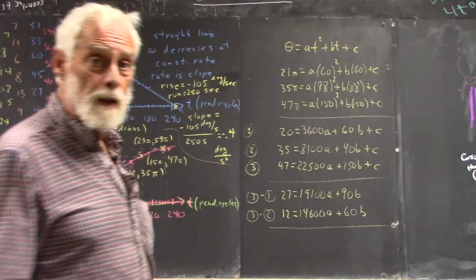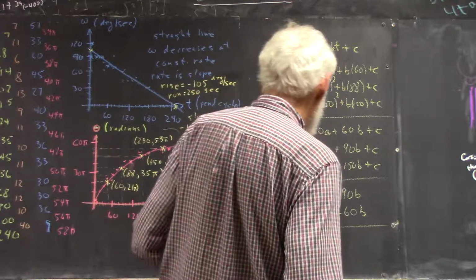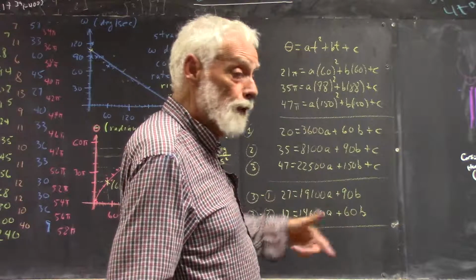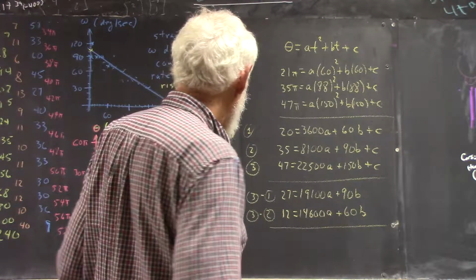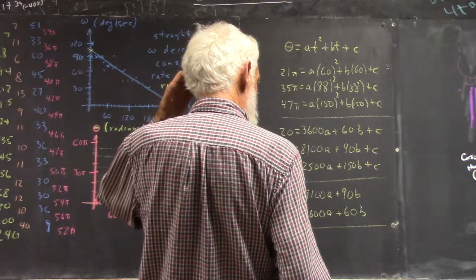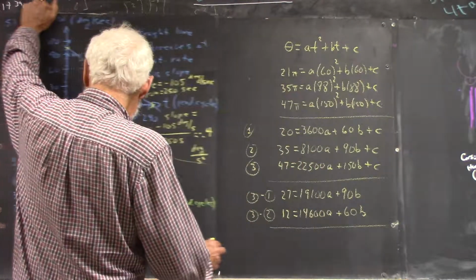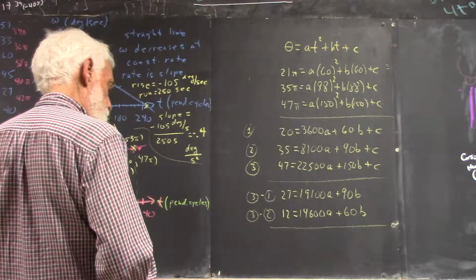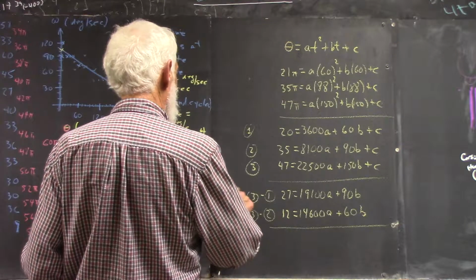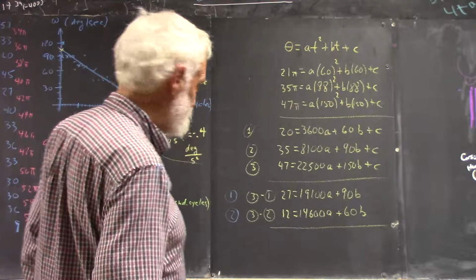Okay. Well, now, I'm going to eliminate B. Numbers in front of B are smaller than numbers in front of A. Okay, so there's a little more room here. So let's call this equation blue 1 and blue 2.